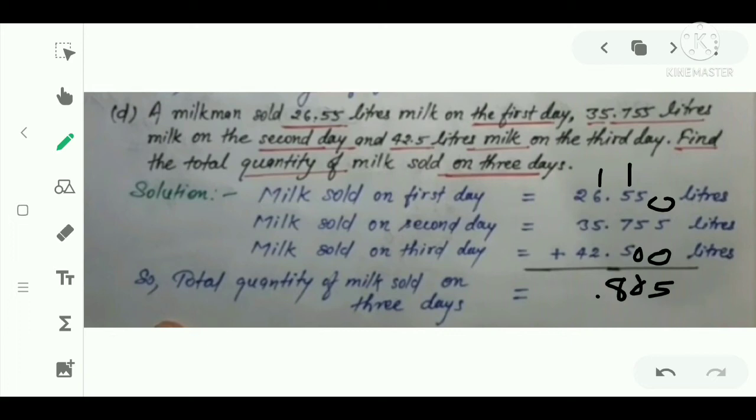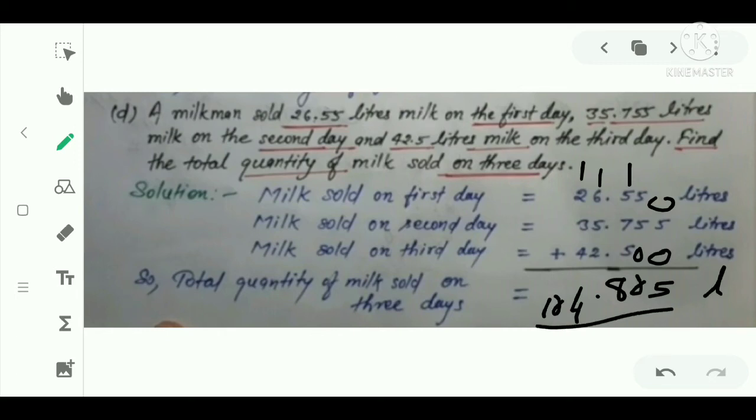Now students, 6 plus 1, 7, 7 plus 2, 9, 9 plus 5, 14. So 4 we will write, 1 is carry. Now 2 plus 1, 3, 3 plus 3, 6, 6 plus 4, 10. So it means total milk sold on 3 days is 104.805 liter. This is the answer.